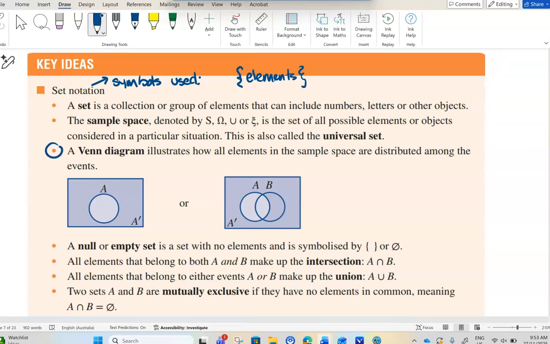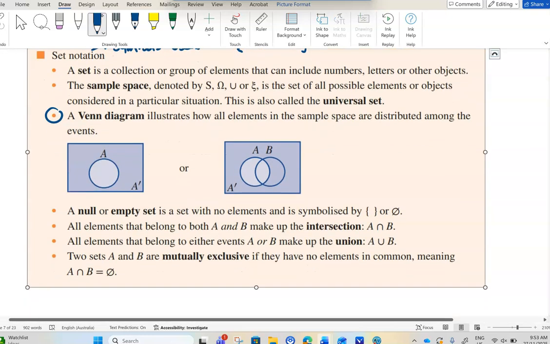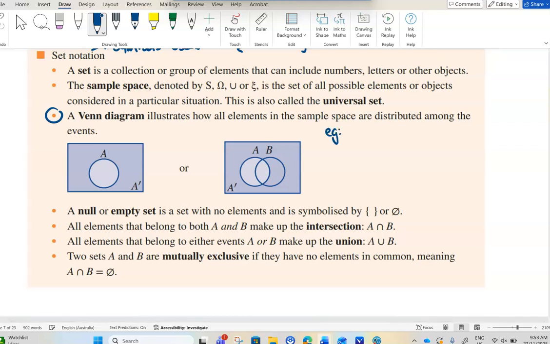A Venn diagram illustrates how all the elements in the sample space are distributed. Let's put a little example. Say we had a set for the dice, the six options, the outcomes we could get.